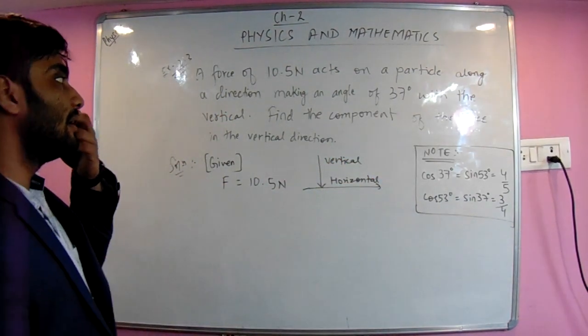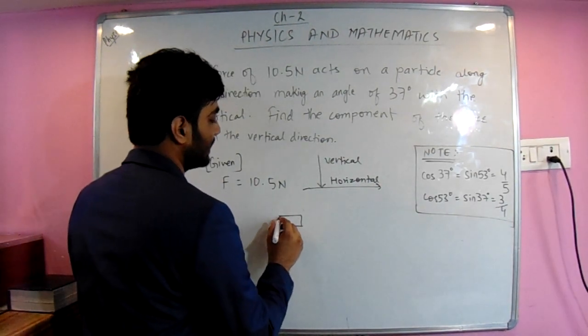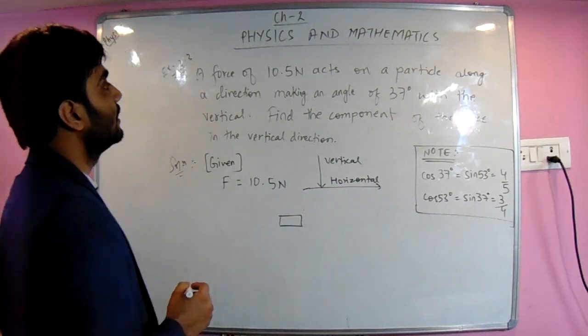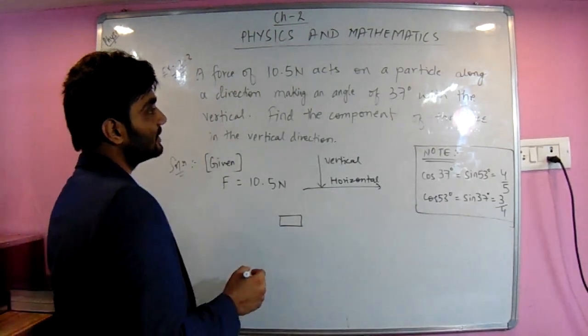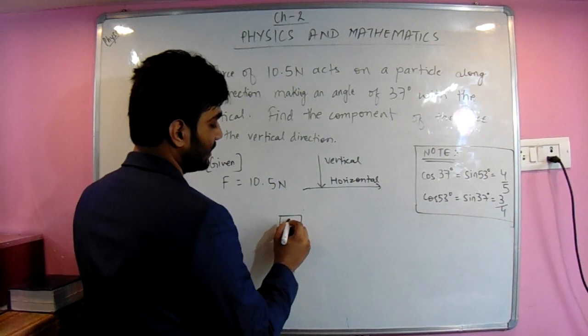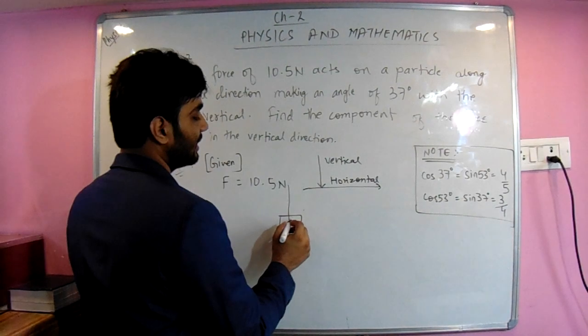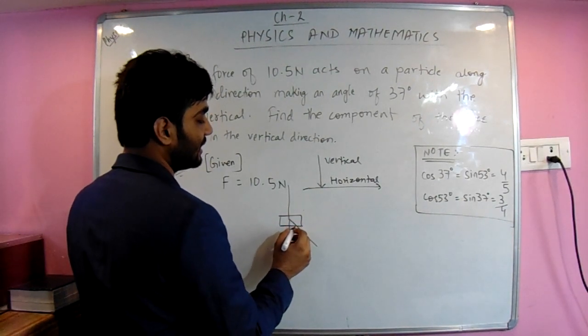But here is a force on a particle or a box like this, along a direction 37 degree with the vertical. So vertically force exerts force and making an angle 37 degree with the vertical.